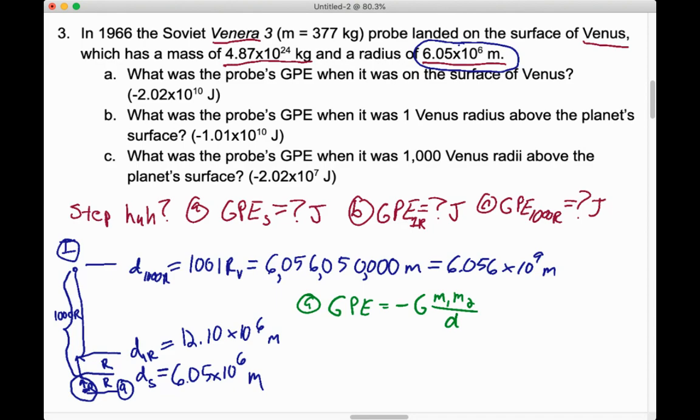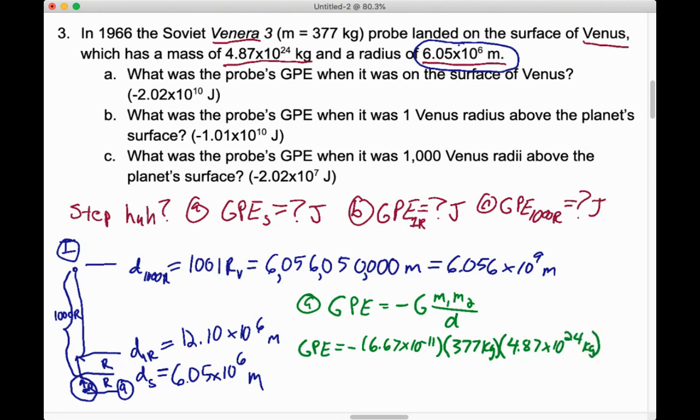Okay, so for part A, GPE is equal to minus 6.67 times 10 to the minus 11th times mass 1. Let's make mass 1 the mass of the probe, which was 377 kilograms. Mass 2 is going to be the mass of Venus, which is 4.87 times 10 to the 24th kilograms.